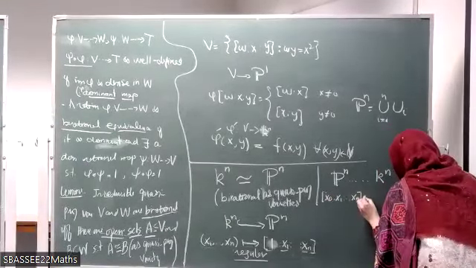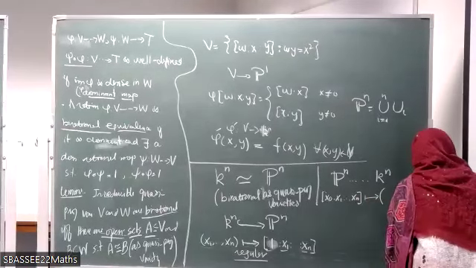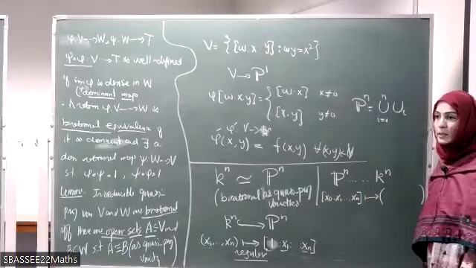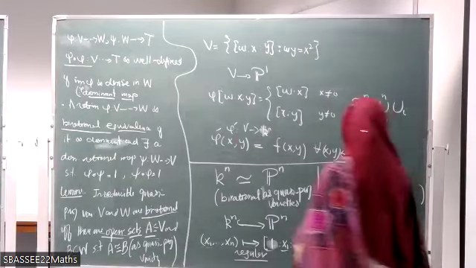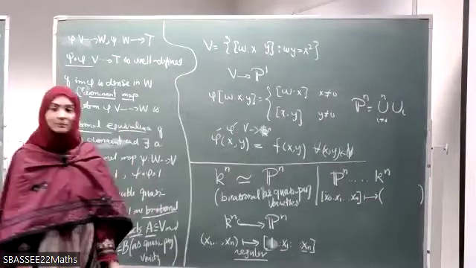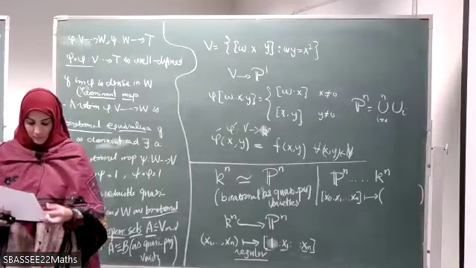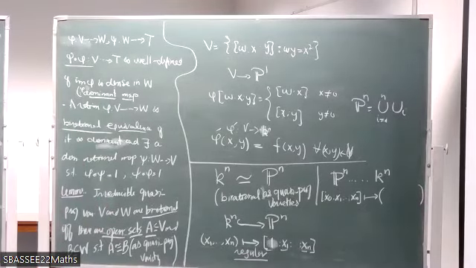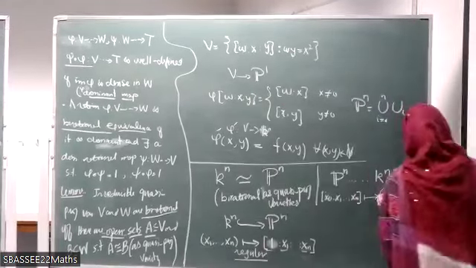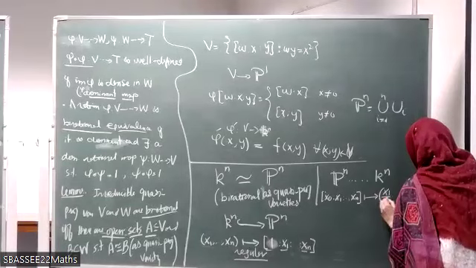Can you tell me any map we can define in this way? Can you guess something? Define it on this open set. A point in Pn has at least one non-zero coordinate, so we can map the other coordinates to Kn. Okay, so can we write it in this way?